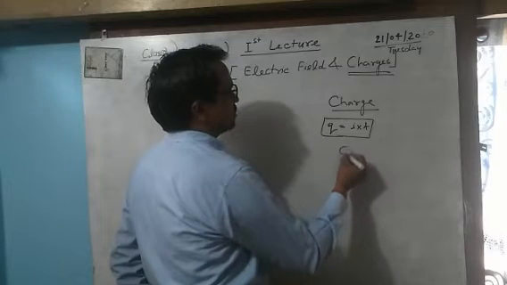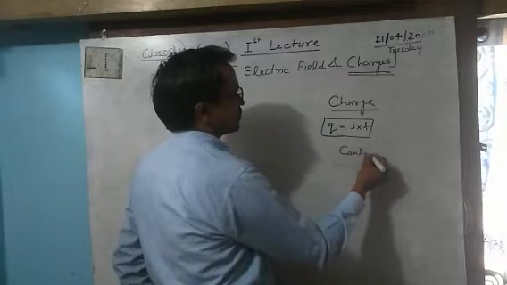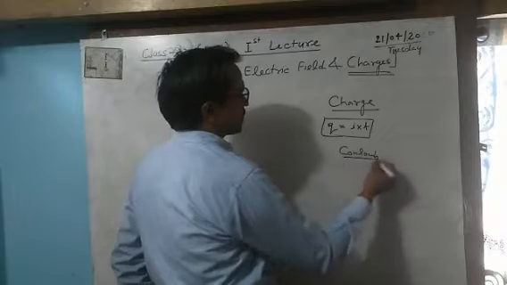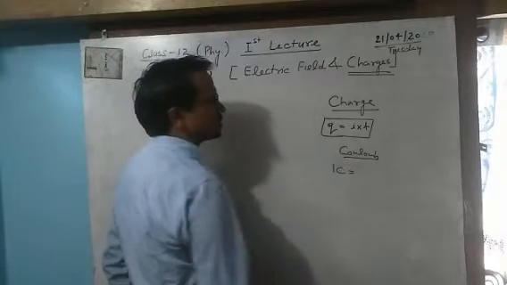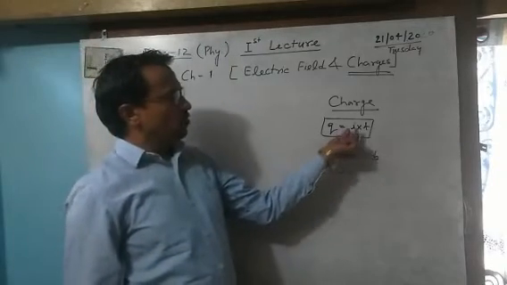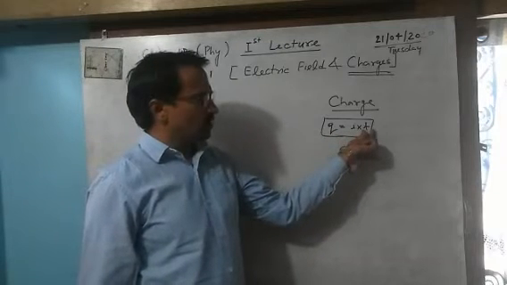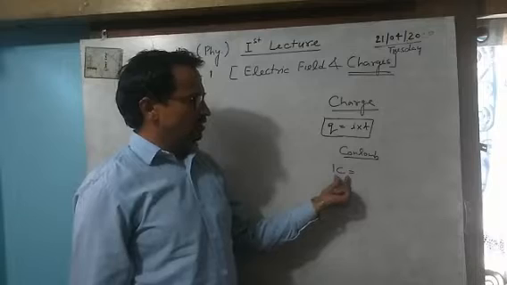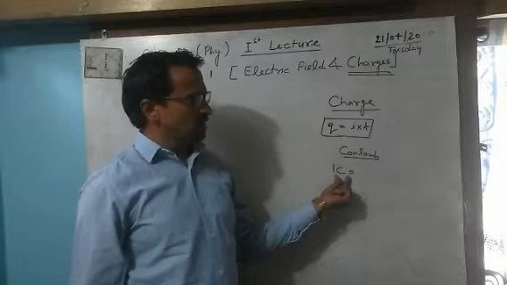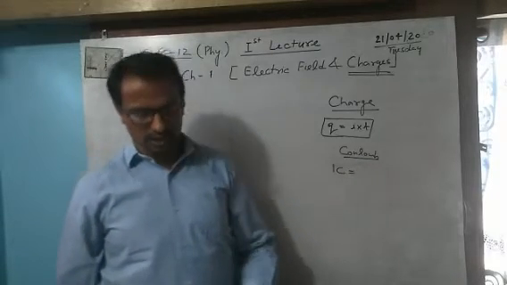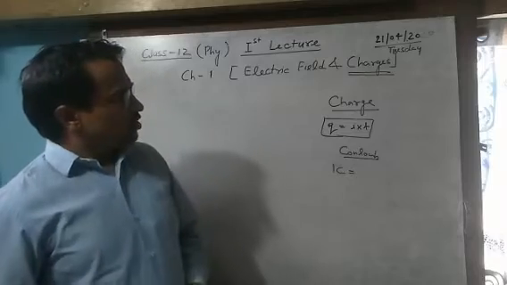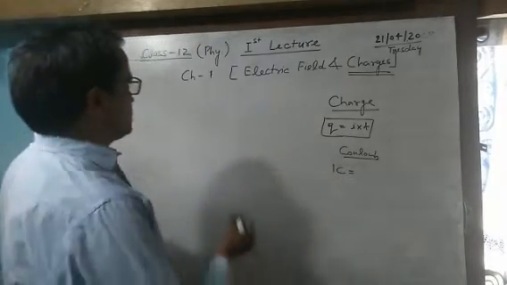Unit of charge is coulomb. 1 coulomb is, if 1 ampere of current flows in a conductor for 1 second, then we can say the charge is of 1 coulomb in that conductor. So first, what is charge?